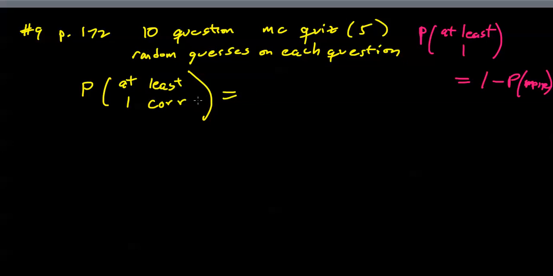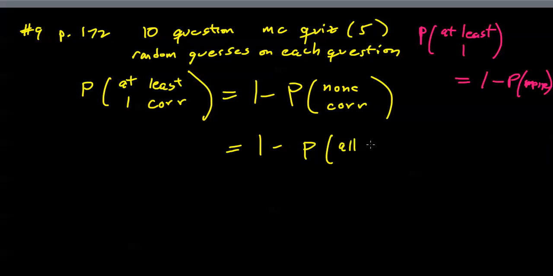The probability of at least one correct question is 1 minus the probability of none correct in those 10 questions. Well, what's the probability that none are correct? Well, that's 1 minus the probability that all 10 are wrong, right? I can rephrase it like that if I wish.